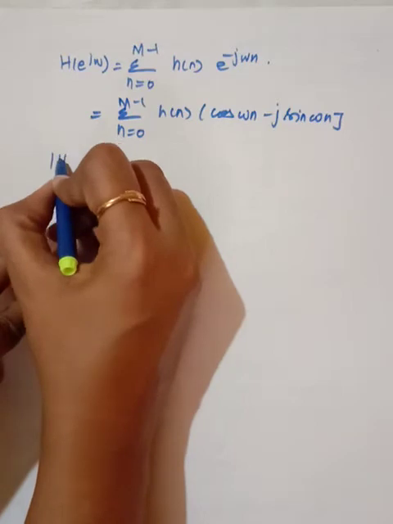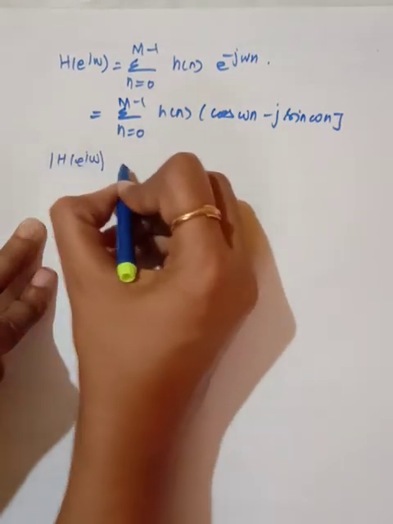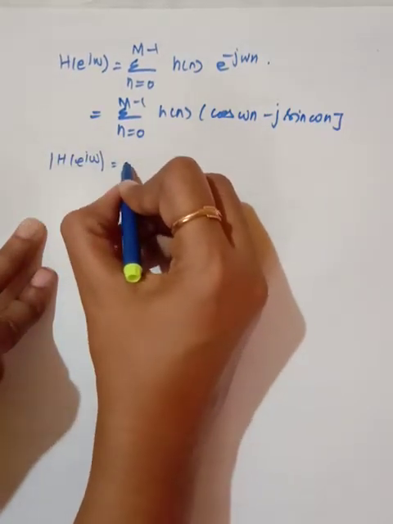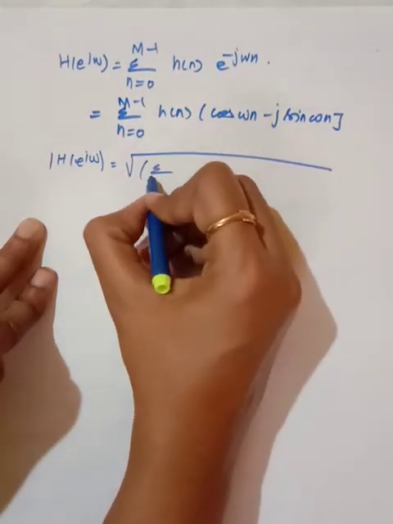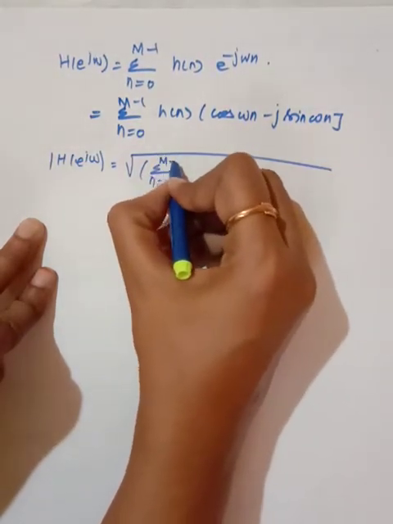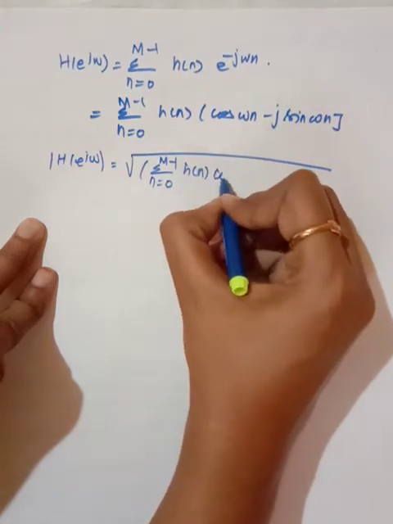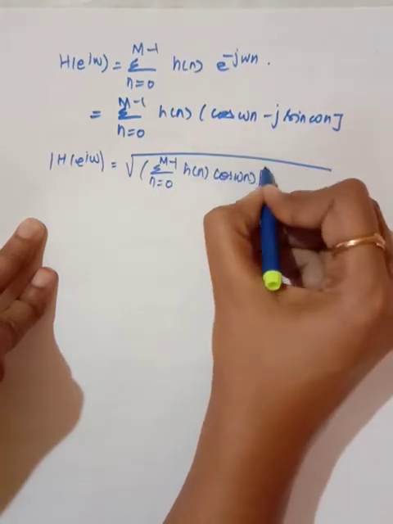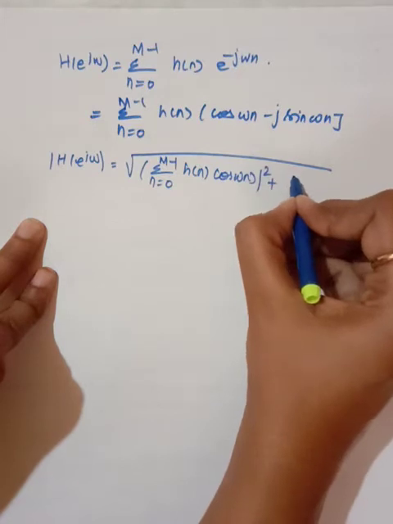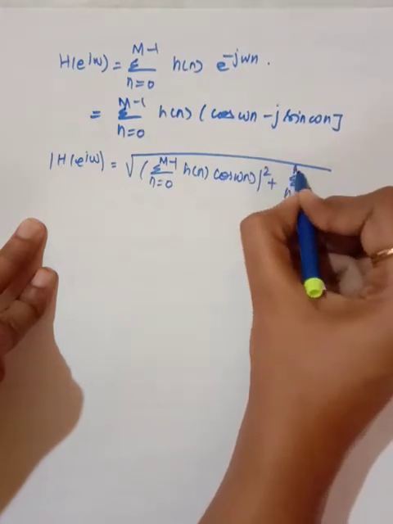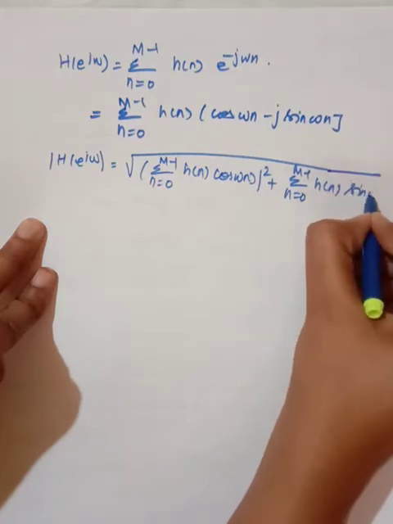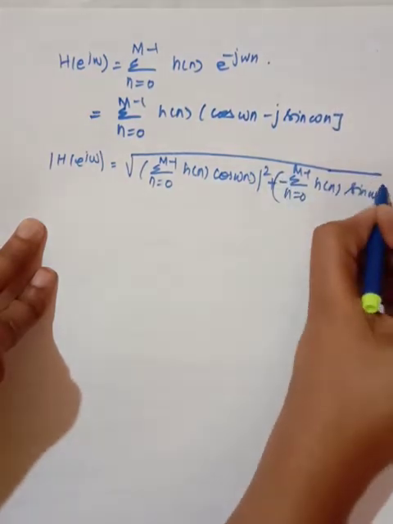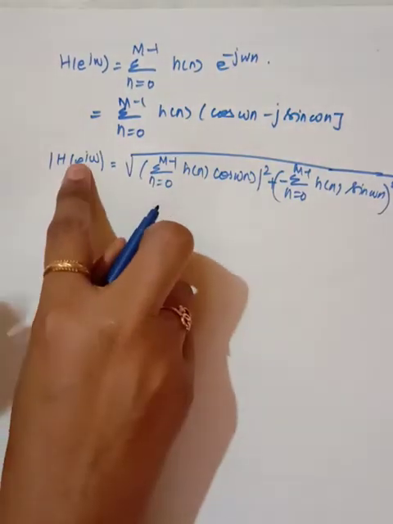The magnitude of H of e power j omega is the real part squared plus the imaginary part squared. The real part is summation n is equal to 0 to M minus 1 h of n cos omega n, the whole square, plus summation n is equal to 0 to M minus 1 h of n sin omega n, the whole square. This is the magnitude part.